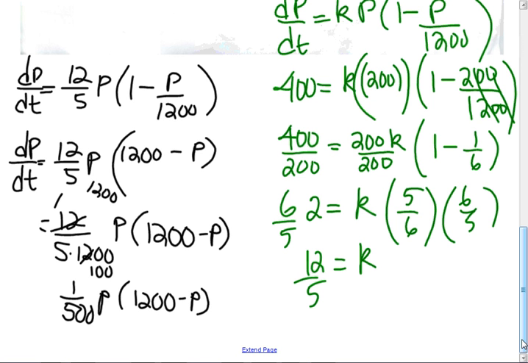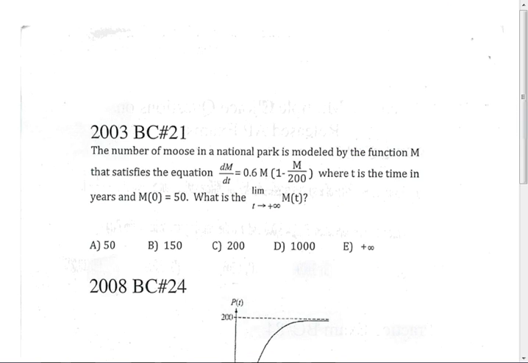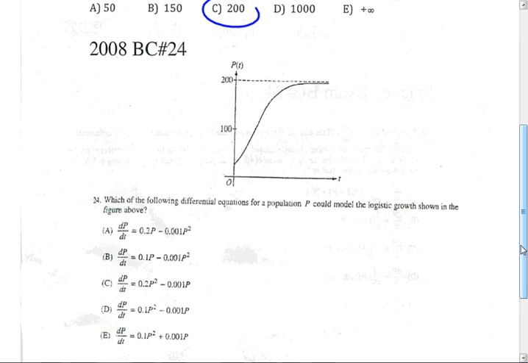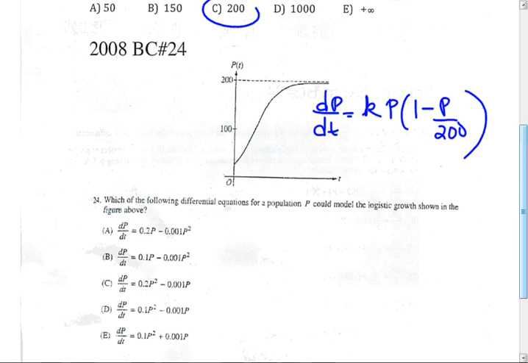Well, you start with, okay, so this is 200. You start with the differential equation. dP/dt is equal to k, and then it's P times 1 minus P over 200. So if I were to multiply that out, that's kP minus kP squared over 200.